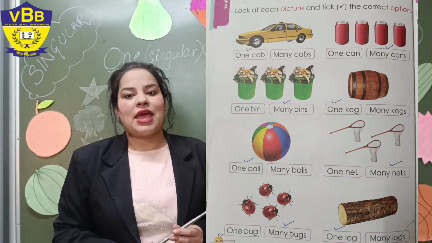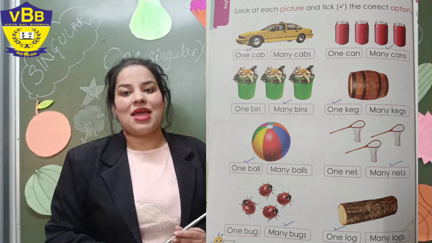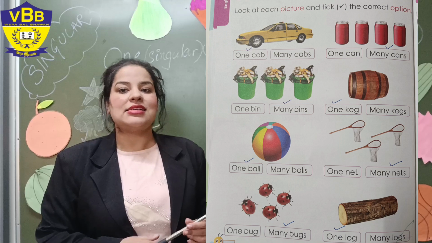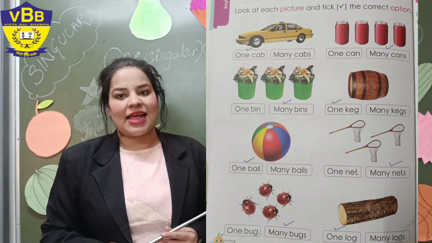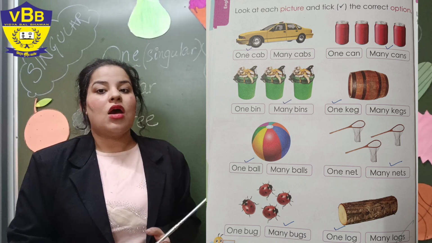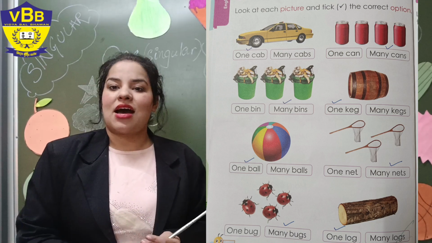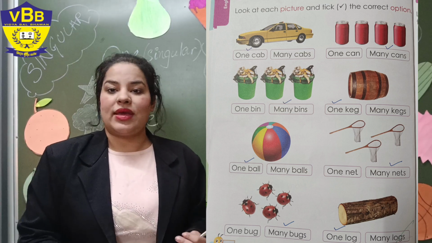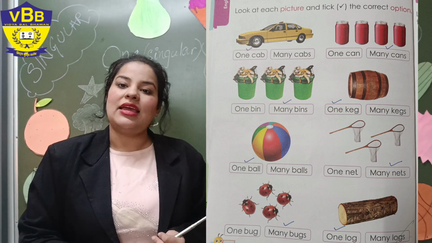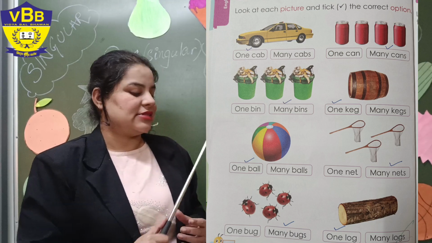So we can say these are many cans. Take the second option, many cans. And the next one, how many bins are there? Let's count. 1, 2, 3. These are 3 bins, and we can say these are many bins. Now take the second option, many bins.